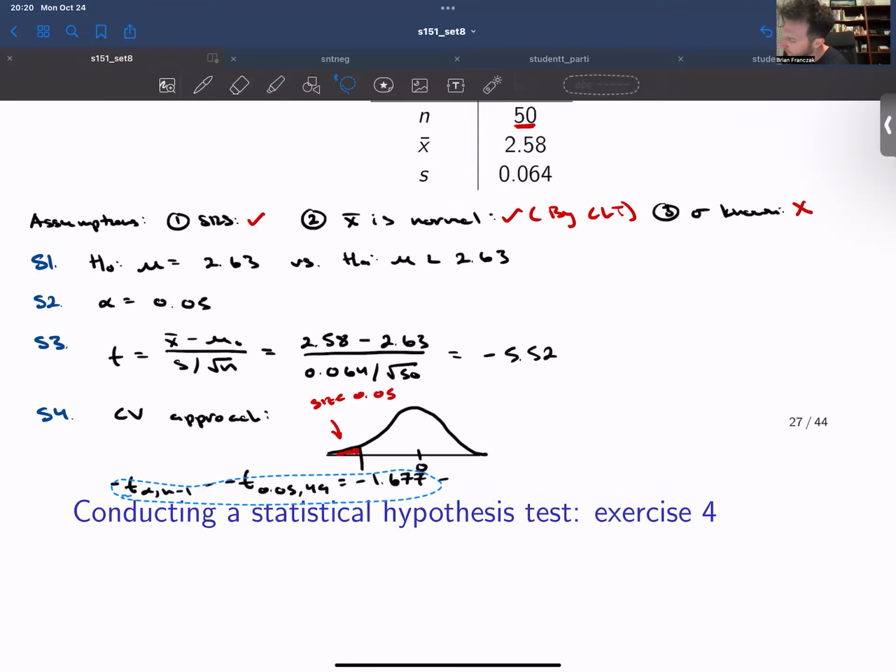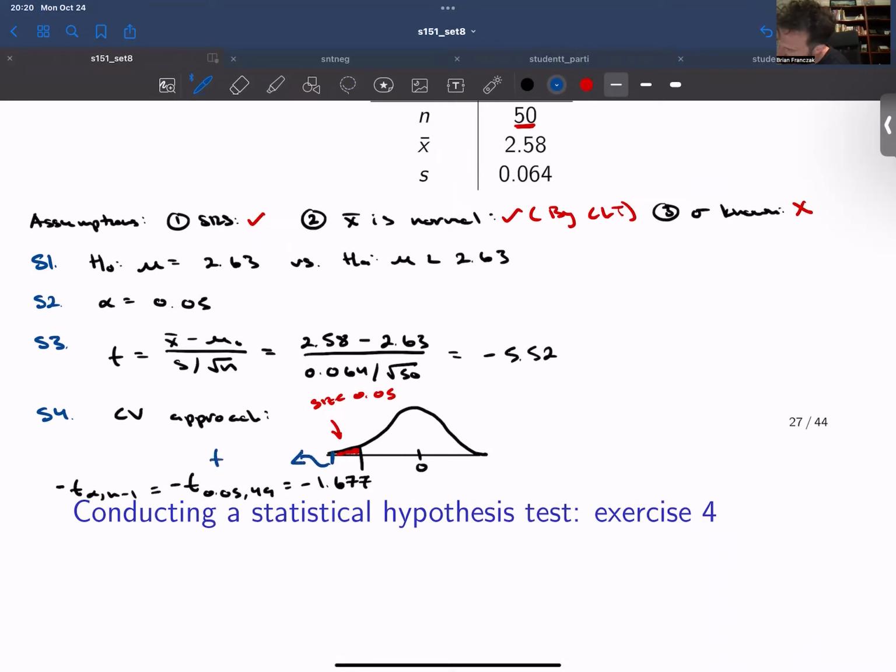One of the nice things about the t-table is that because of the symmetry, we don't need to worry too much about the positive versus negative in searching for the number. We can just treat everything as a positive, and if it is on the negative side of 0, we just put a negative in front of the value. Our test statistic was negative 5.52. You can see that this value is quite far into the rejection region, which would mean that on step 5, we have evidence to reject H naught.